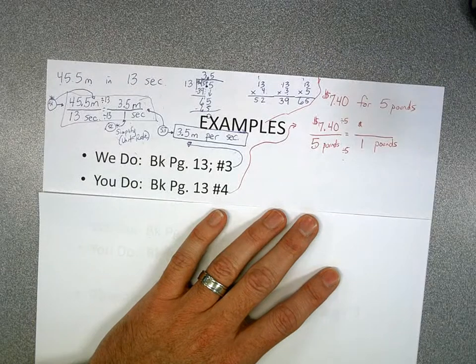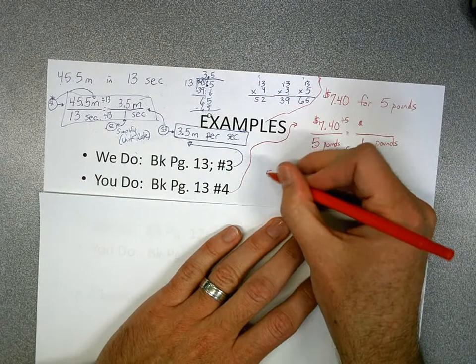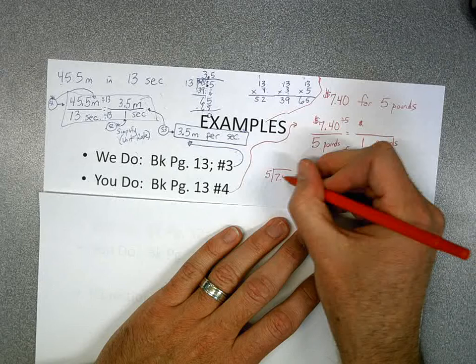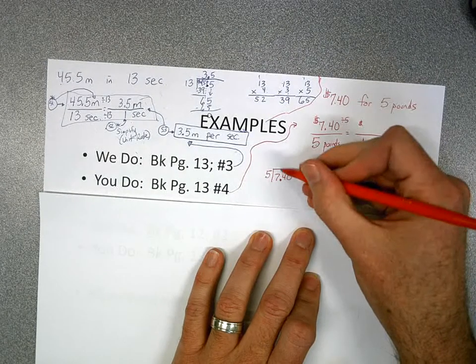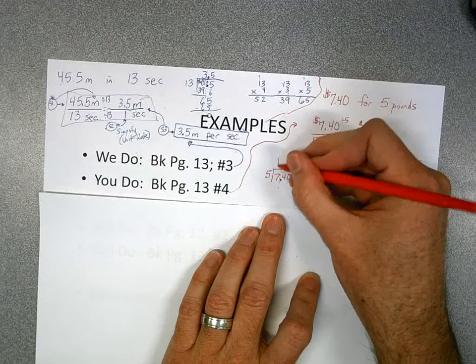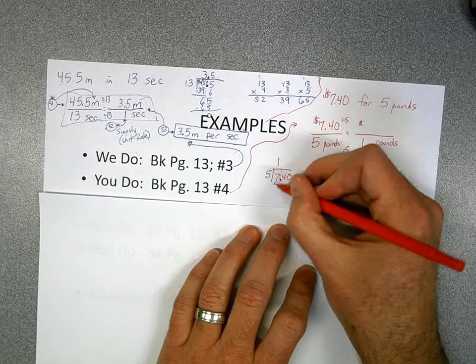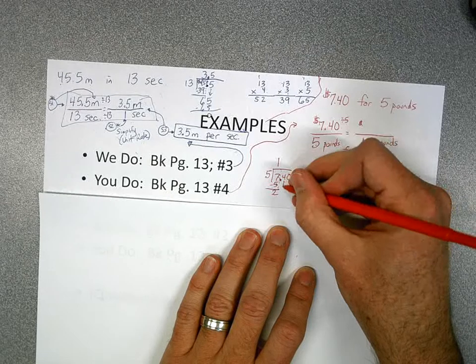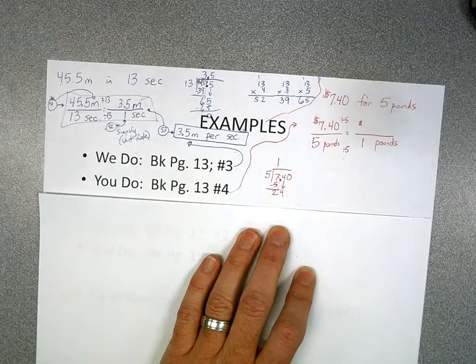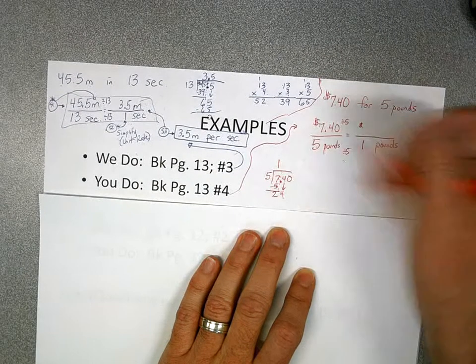So I'll go over to the side, do like scratch paper kind of work. 740 divided by 5. 5 goes into 7 one time, so I put the 1 over the 7. 1 times 5 is 5. I subtract. I get 2. I bring down the 4. 5 goes into 24 without going over 4 times.